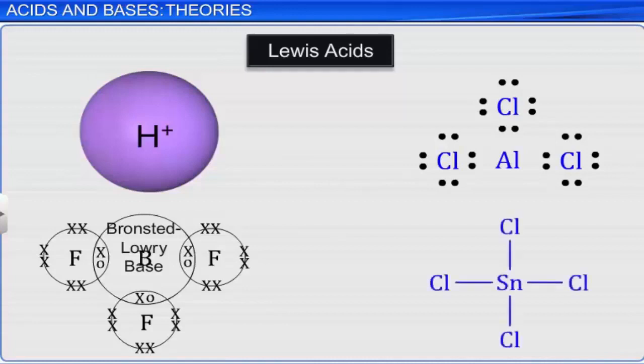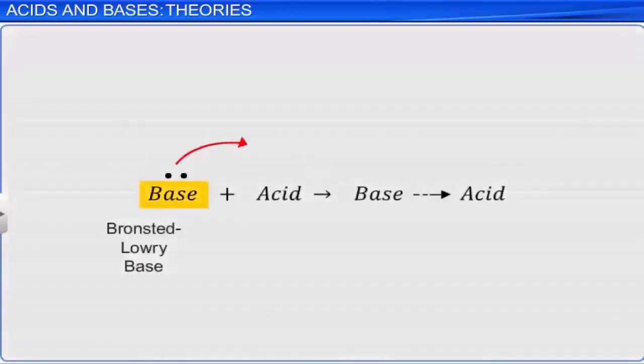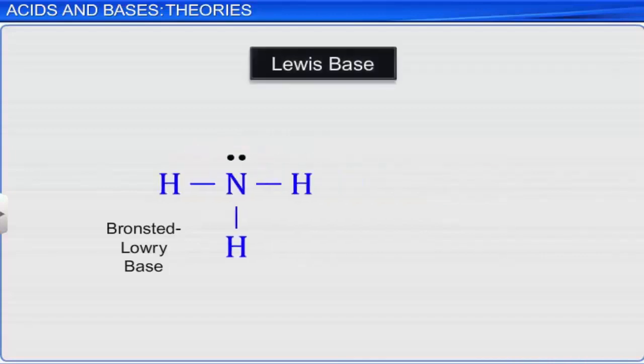A base is any molecule or ion that can donate a pair of electrons to form a coordinate covalent bond with the acceptor. For example, NH3, H2O and OH- ion act as Lewis bases.